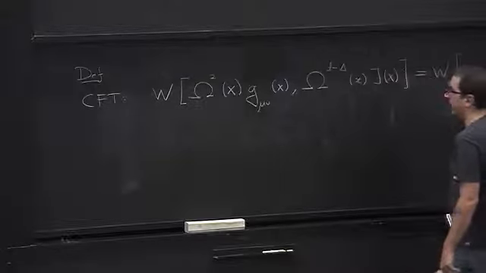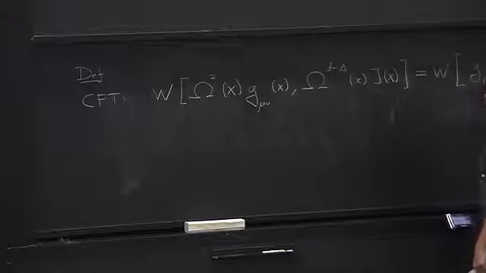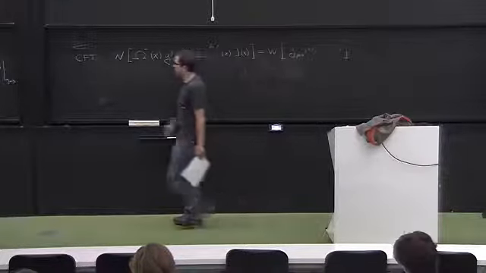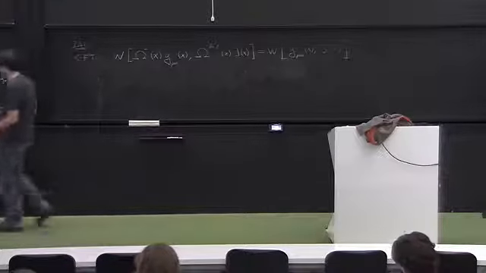This generating function should be equal to the one for omega G mu nu and J of x.